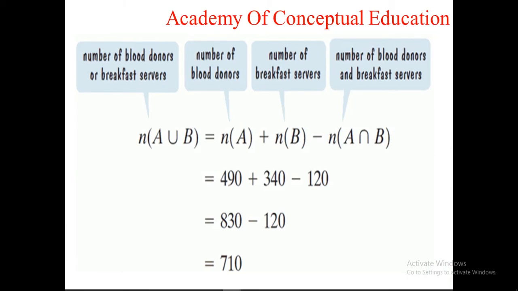Like this one, you can see the number of blood donors is 490, the number of breakfast servers is 340, and the number of blood donors and breakfast servers is 120. So we can just put these values in the formula and find the required value.